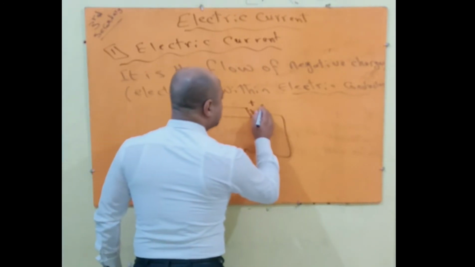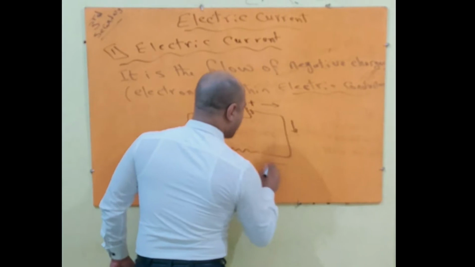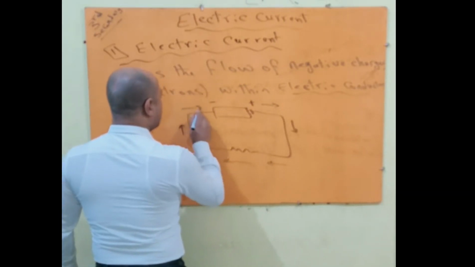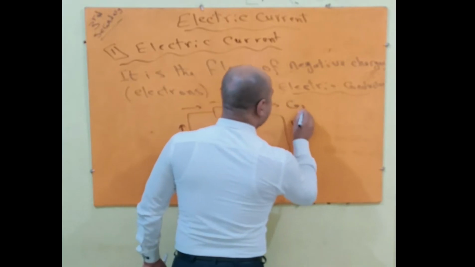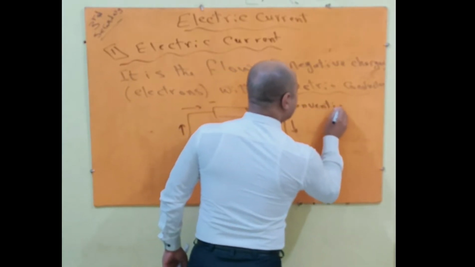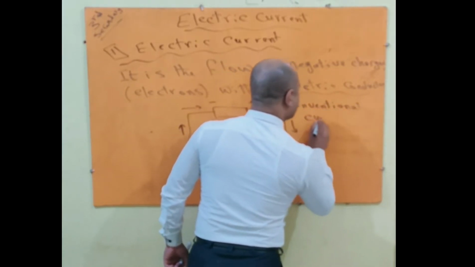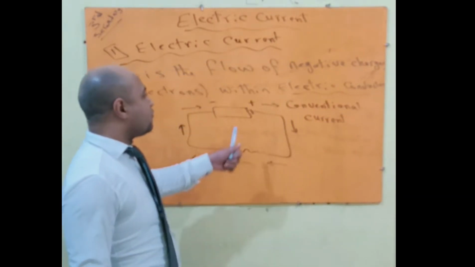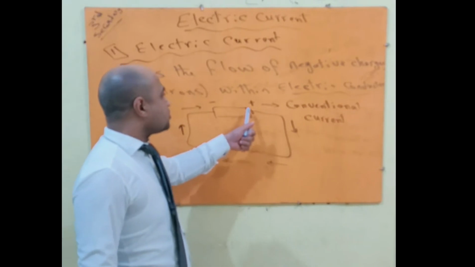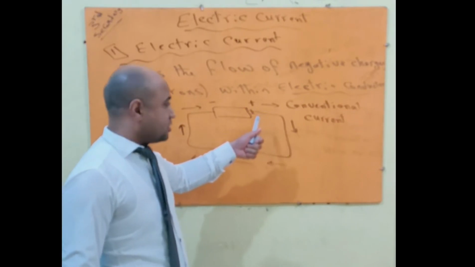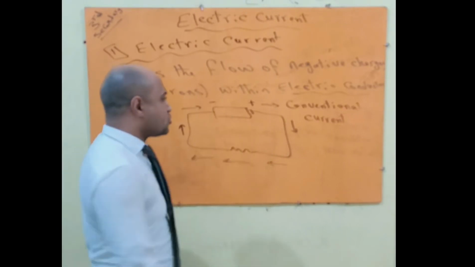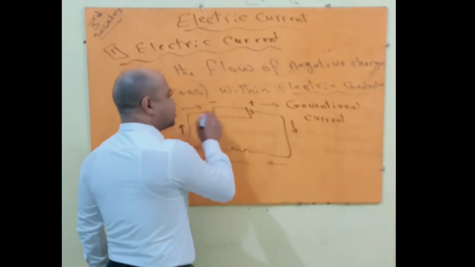The first is conventional current. It is the flow of the electric current from the positive pole of the battery or the electric cell towards the negative pole outside the electric source. So this is called conventional current.